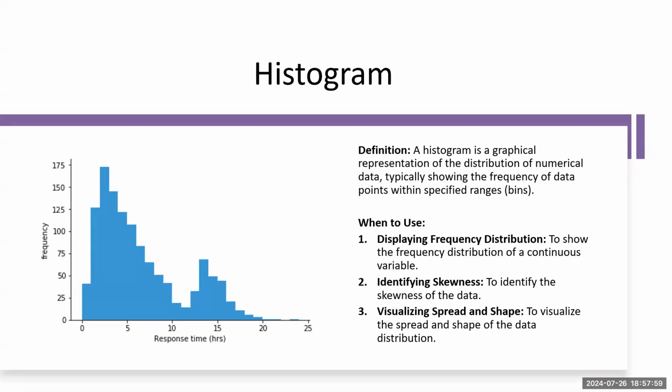We can call them bins. If you look closely at a histogram, it is like a bar graph which has been combined. It looks like a bar graph which has been combined.